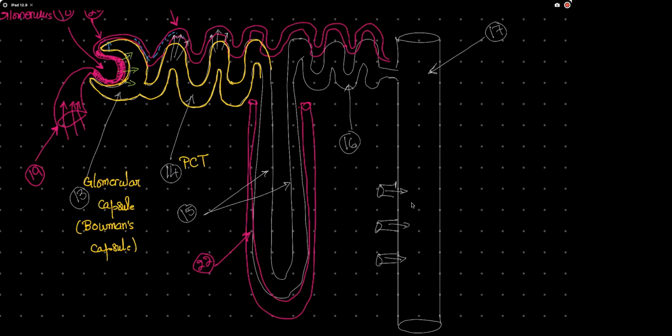All right, so looking at as a continuation of the proximal convoluted tubules, we see here the tubules will form a loop that travels down and then back up.